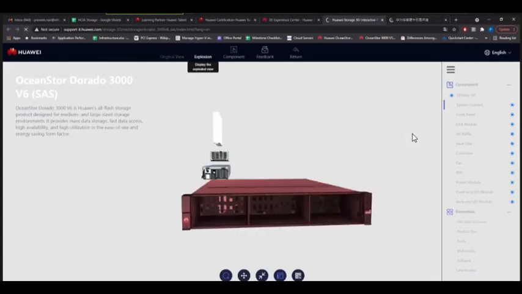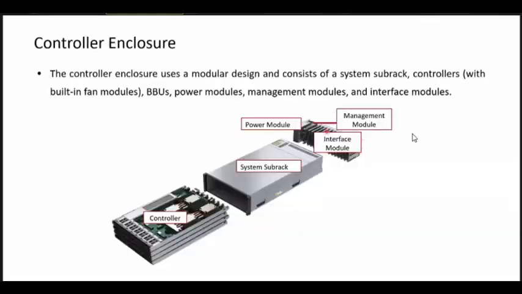Anyways, we'll continue on. So the controller module basically, for the separation module itself, is just the controller alone. So there will be no disks. There will be no basically any storage itself. It's just the controller.